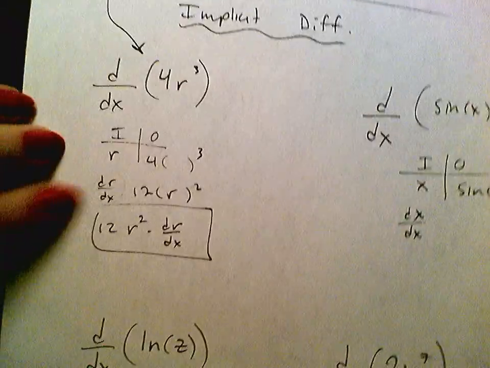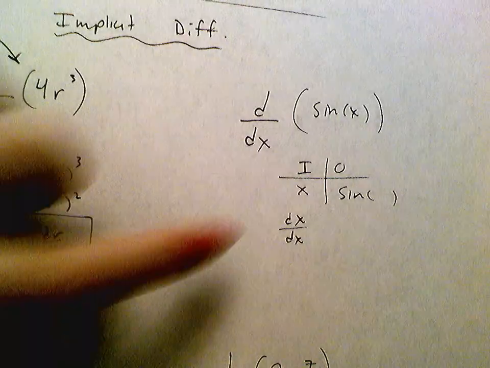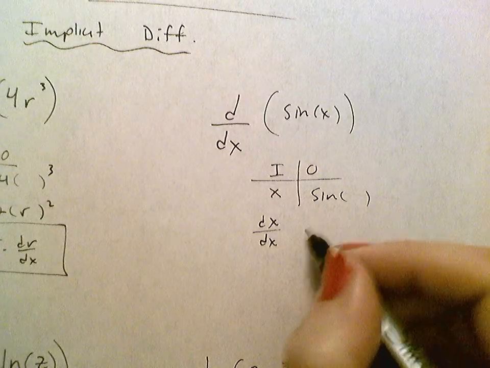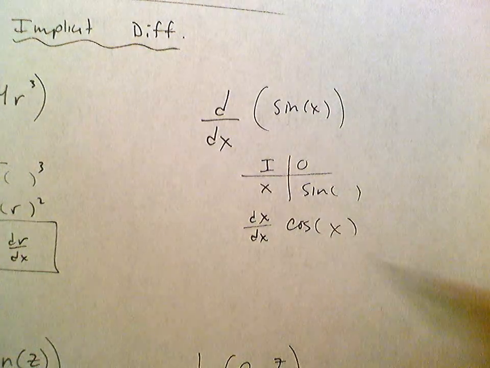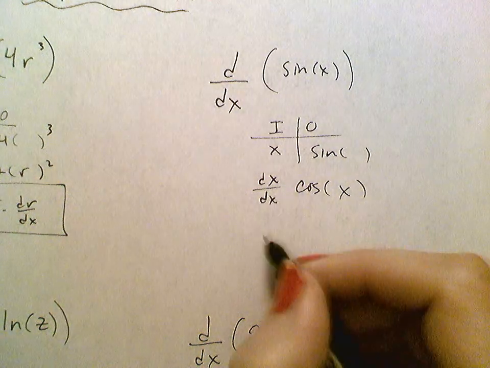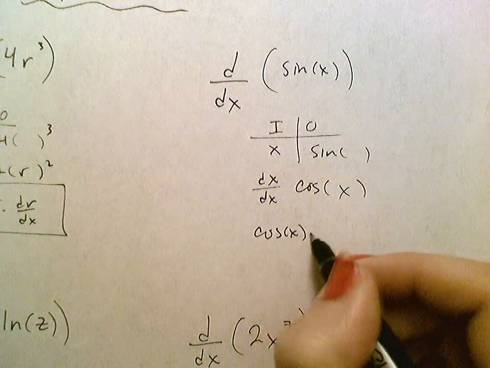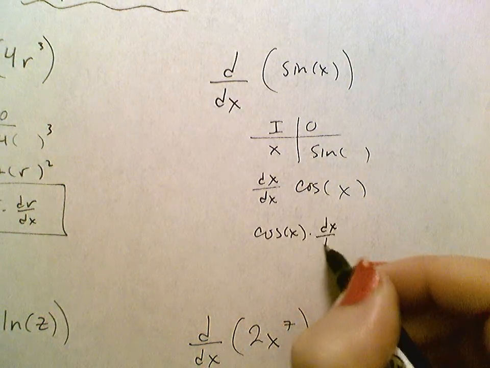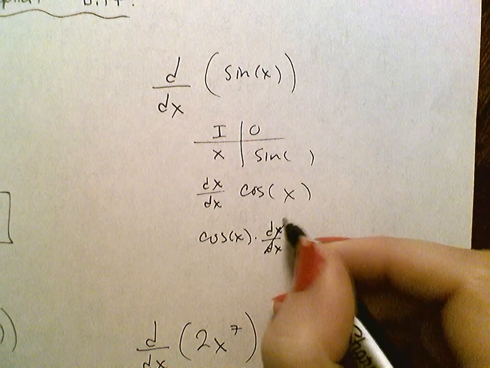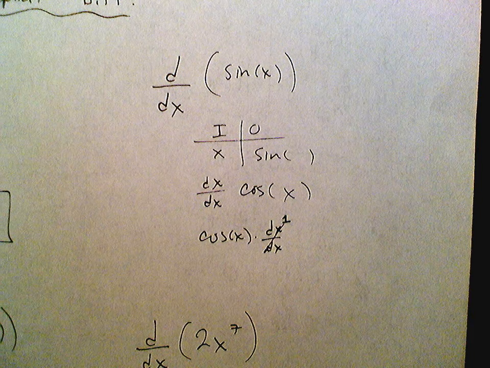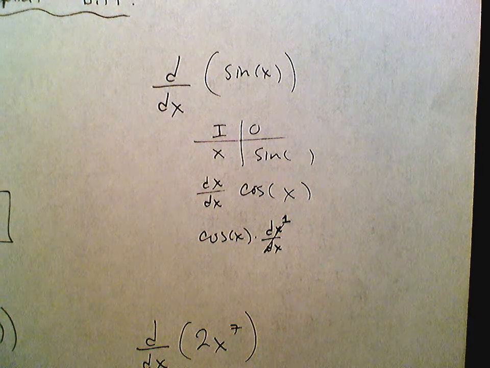Last time it was dr dx. This time it's dx dx. And then the derivative of sine is cosine of blank, and x goes back inside. So this is cosine of x times dx dx. But then this is just 1. If you're taking the derivative of x with respect to x, that's just a 1.